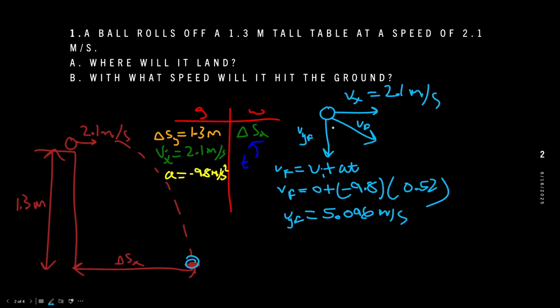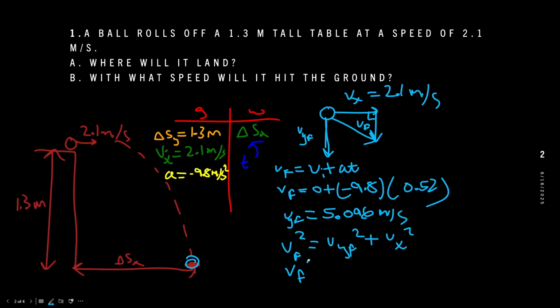And then to find this Vf, we could use the Pythagorean theorem, because if we rearrange the vectors by moving Vyf over here, then we get a right triangle. So we could use the Pythagorean theorem. So we could say Vf squared equals Vyf squared plus Vx squared, and substitute our values.